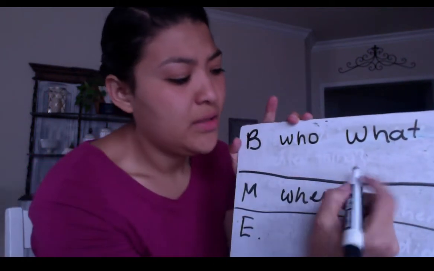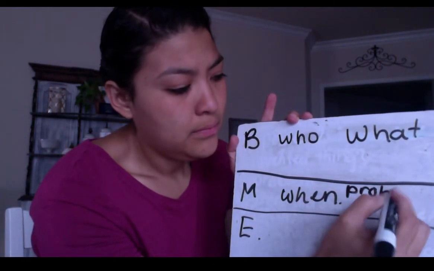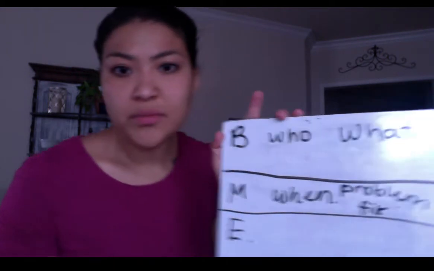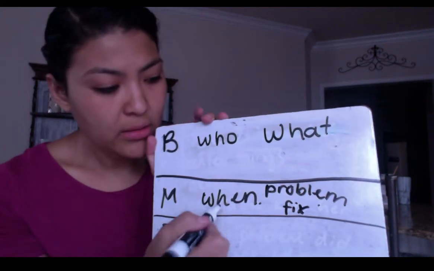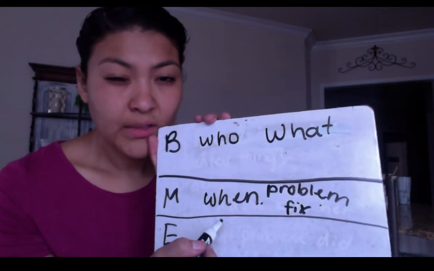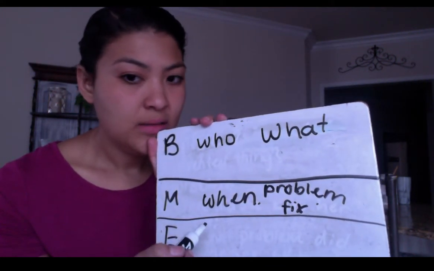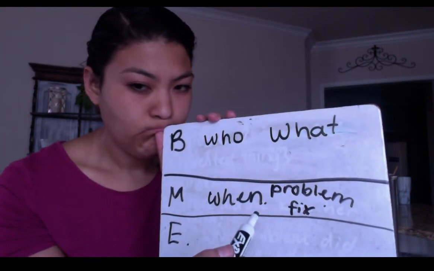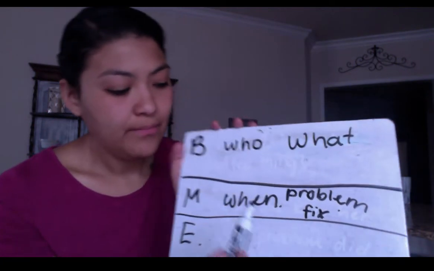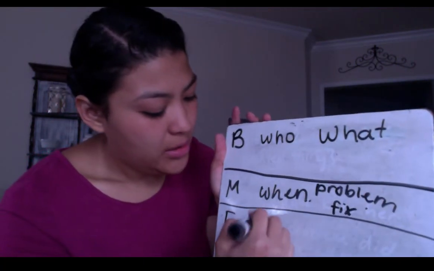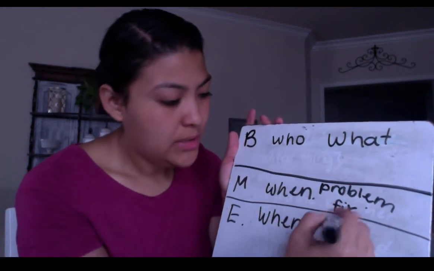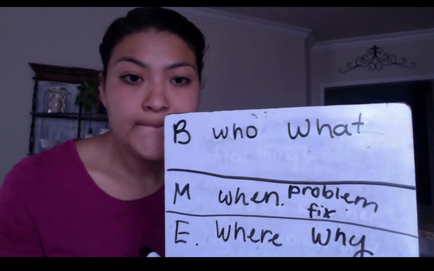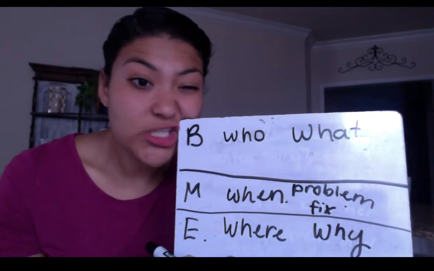So it's going to have problem. The problem that they're trying to fix. What problem are they trying to fix? When? Okay, does that make sense, guys? Like, they invented this because of this. Okay. Where and why? Okay, so where did they invent their inventions?